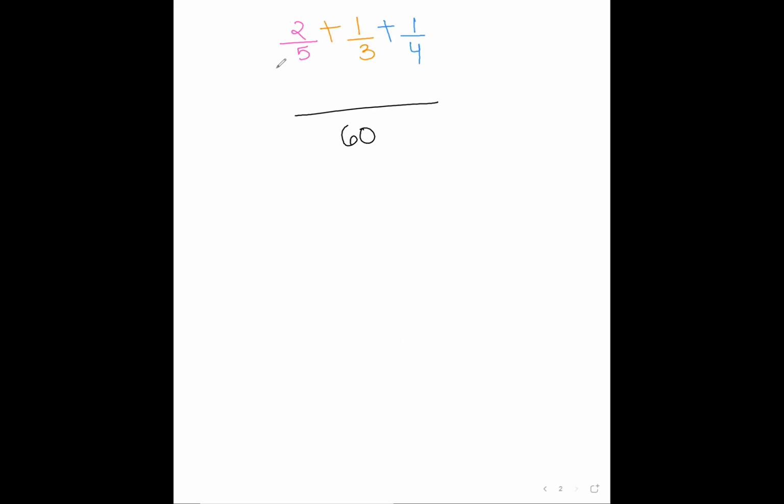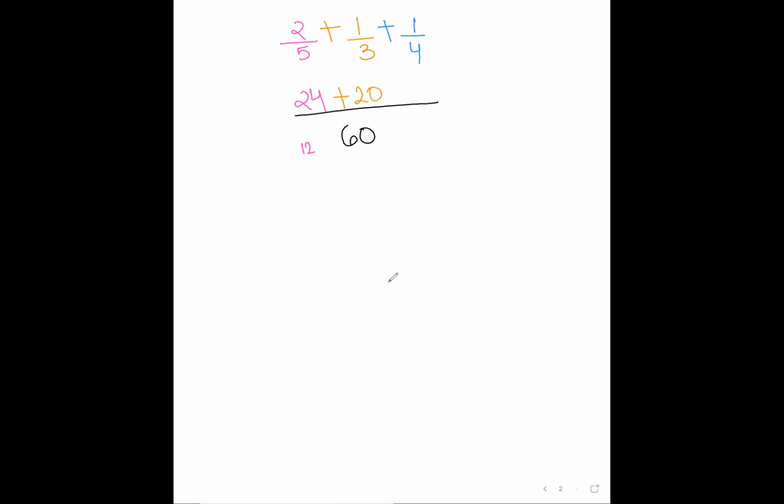2 by 5. So 5 multiplied by 12 will be 60, and 24 by 60. Very good. Next, 3 multiplied by 20, so it will be 20 by 60.